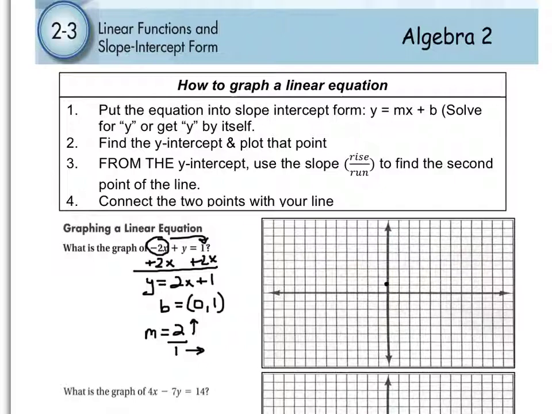So from the y-intercept that I have, I'm going to use my slope.